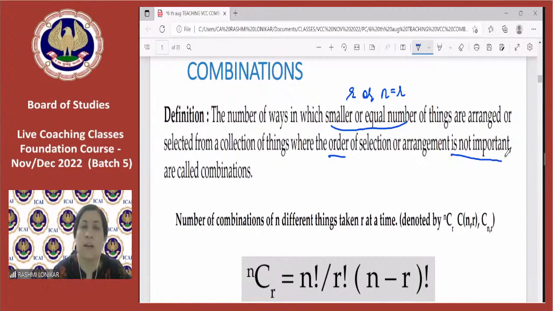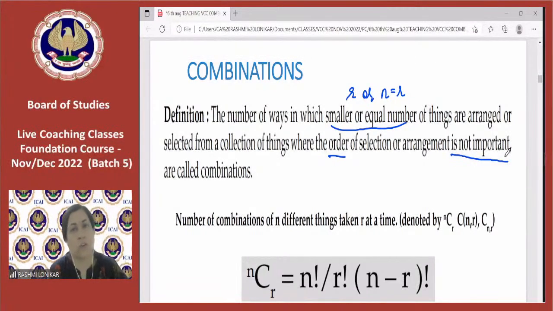So where the order is not important, it is called combination. What is a collection of things? The number is n. We are selecting some, which is r. r may be smaller than n or equal to n. If I have 5 students, I can select all 5, so that time r will be equal to n. But suppose out of 5 students, I am selecting only 3 students. That time r is less than n.